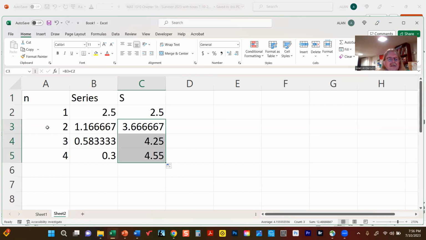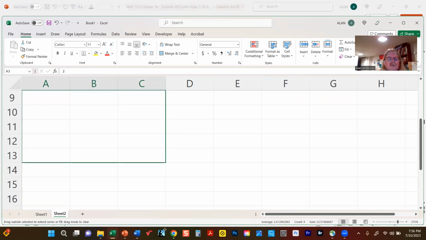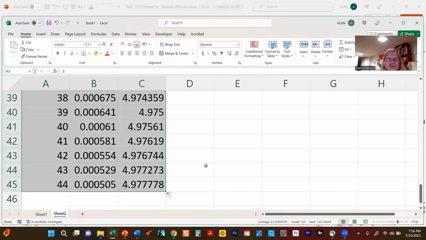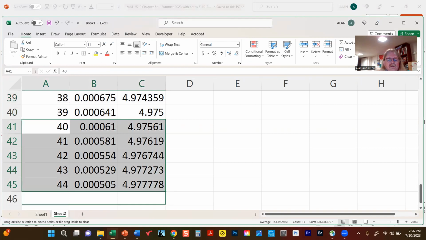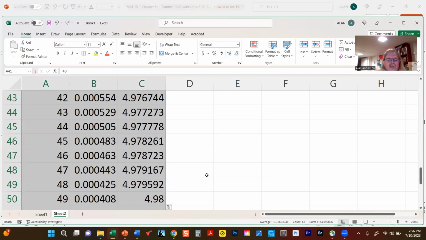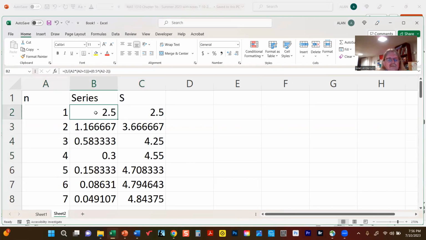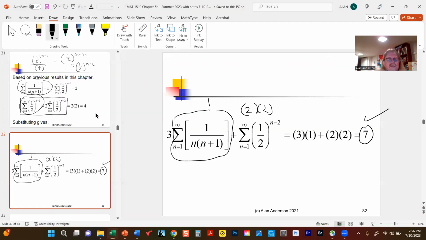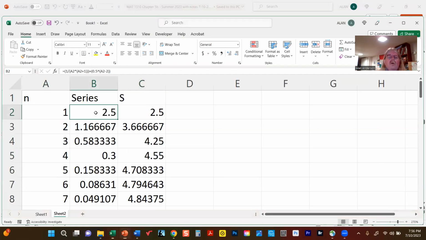And so what we would expect to see is if I drag this down far enough, on the far right, the sum should get really, really close to 7, if I've set it up correctly. Oh, you know what I did? I just realized I left out the 3. No wonder it didn't work.